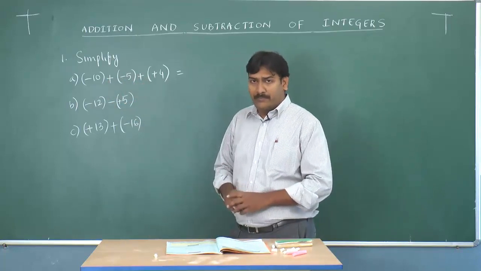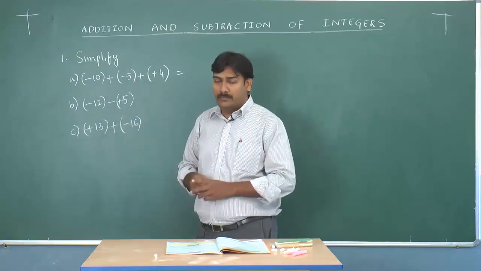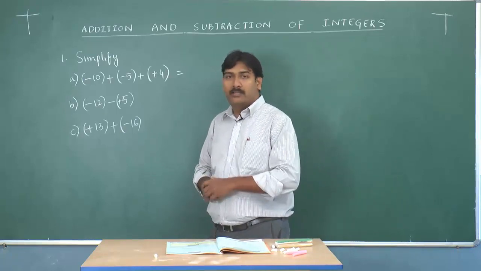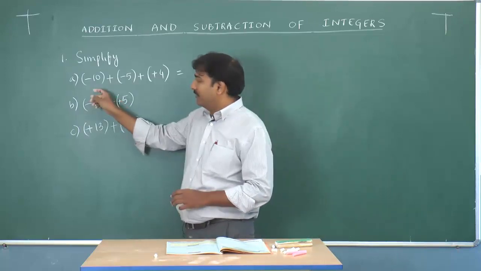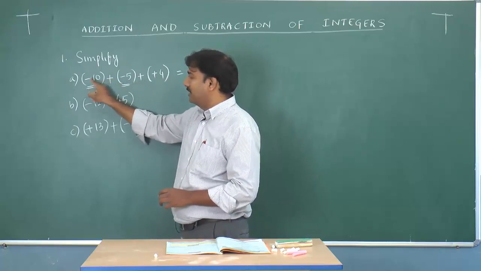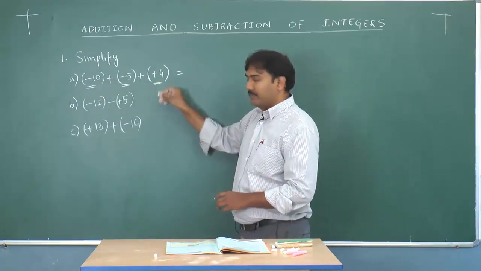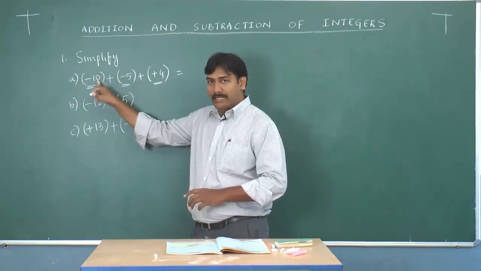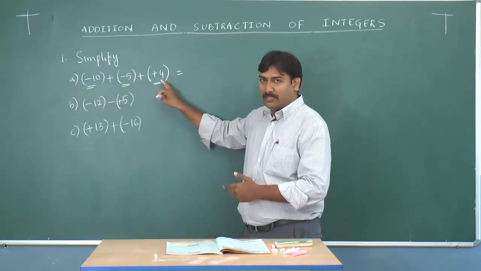That is not a problem; we simply first add all the integers having the same signs. Observe carefully, in this expression these two integers have the same sign, which is minus, and the third one has a positive sign. So add the integers having the same signs, keeping the third number, which has the opposite sign, aside.